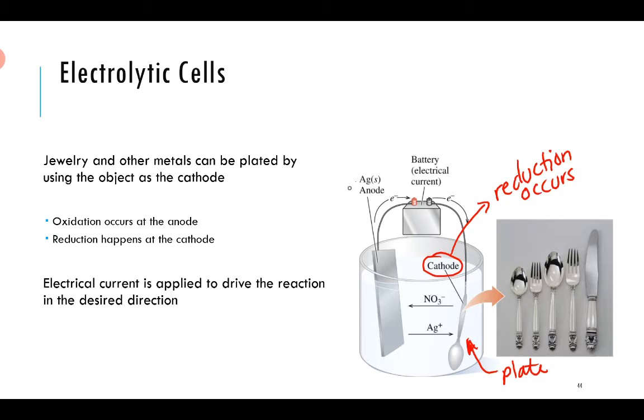And at the anode, oxidation occurs. And so we want the silver here to turn into ions and lose an electron. And then we want that silver to turn back into silver solid once it reaches the surface of our cathode.